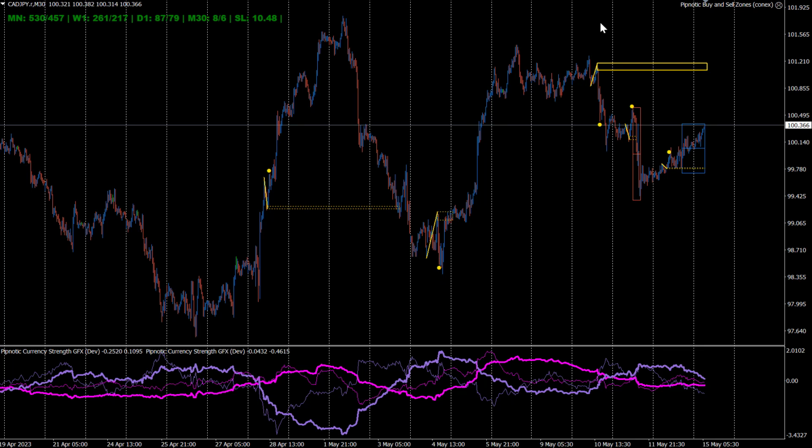Price went so far, it did not snap back. Price went so far, it snapped back. So far, snapped back. So already on this one here we've had a loss, winner, loss, winner, winner. And so they just need more data, as you can see. But you can get quite creative.